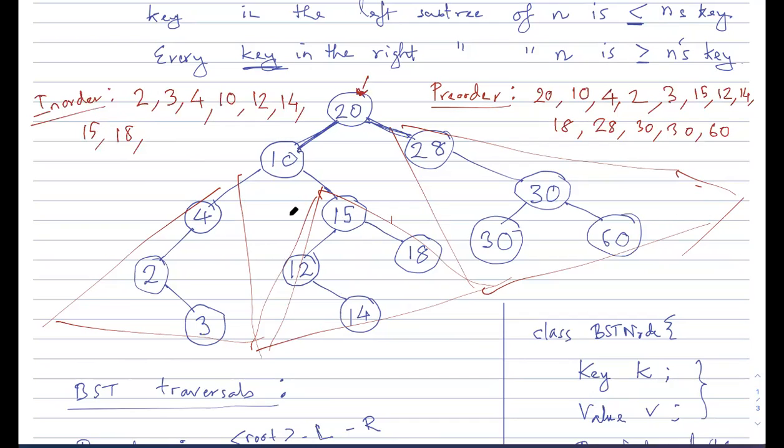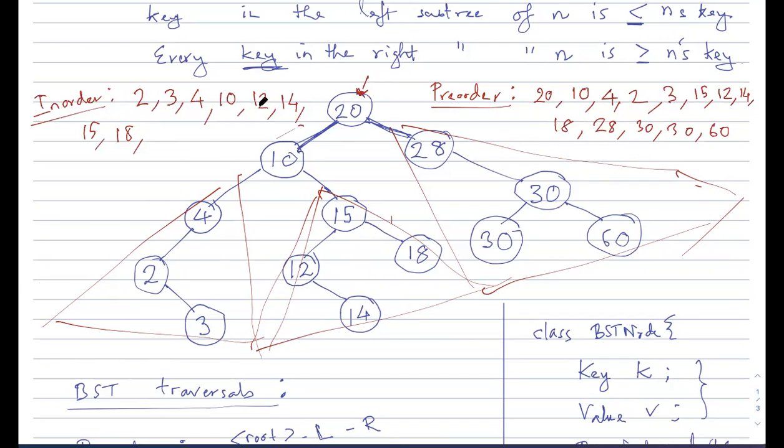Now with respect to the node with the key 10, it is done with the left subtree and the right subtree. So now it is going to the next node, which is 20. With respect to 20, the left subtree is done. The whole printing of this part is done.